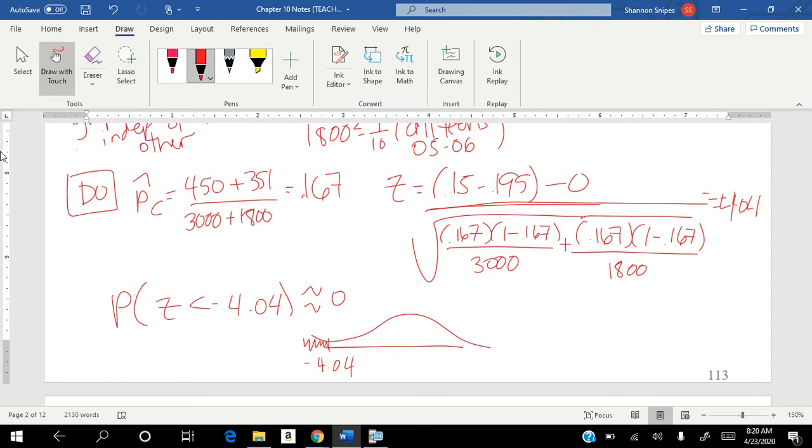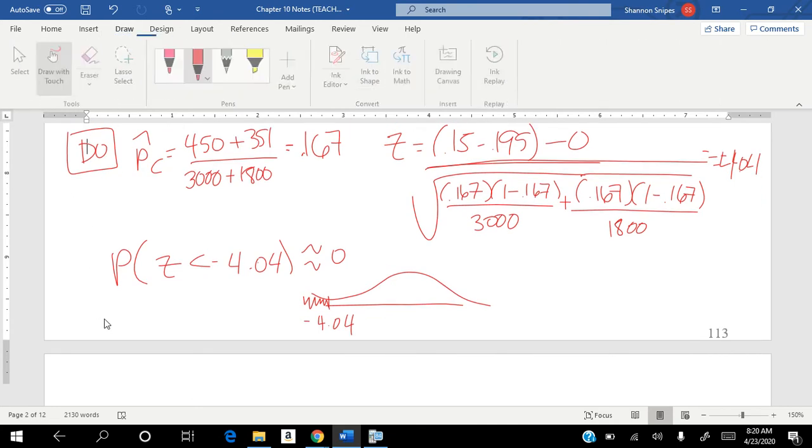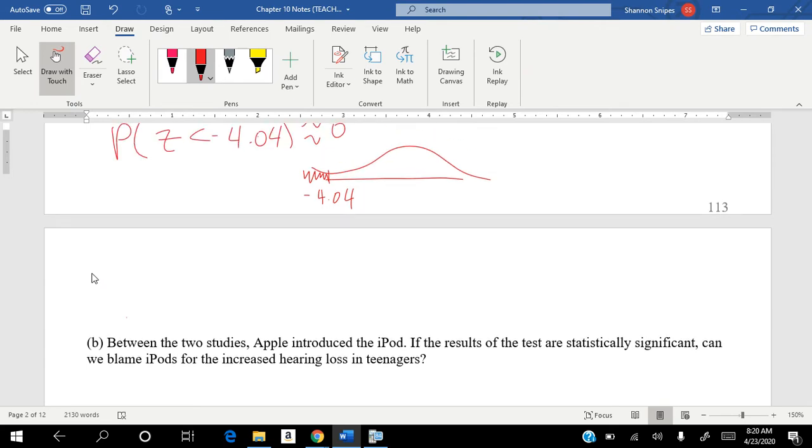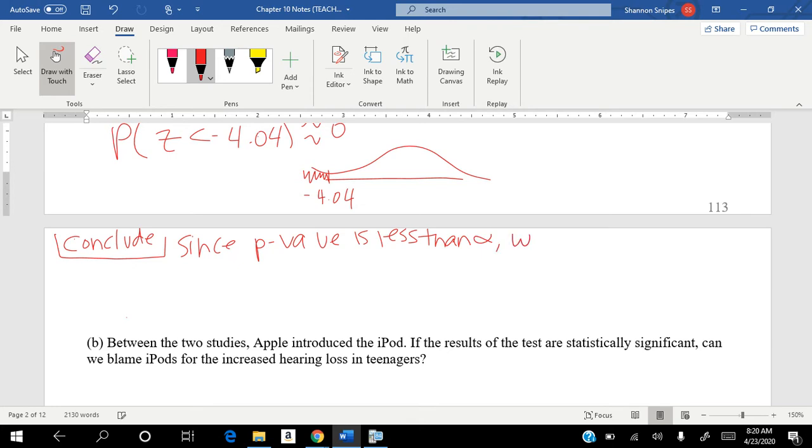So then our final step is to conclude. And we're going to conclude the exact same way we concluded in the last chapter. Since the p-value is less than alpha, we will reject our null hypothesis.